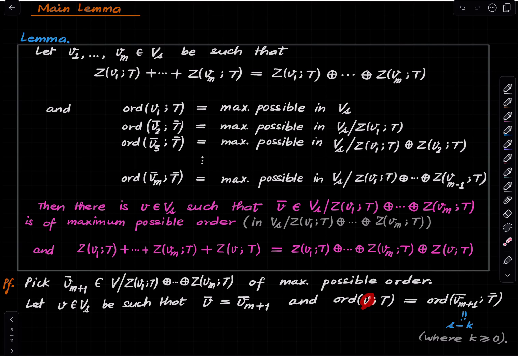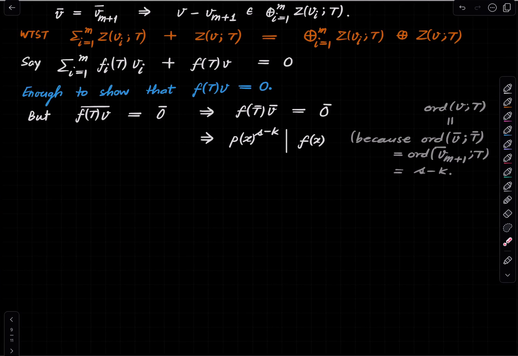So the order of v is same as the order of v bar. v bar is same as vm plus 1 bar, but this equality is the magic thing that was provided by the previous lemma. So the order of v is also same as s minus k. So this implies that f(T)v is also 0, right? Because f(x) is divisible by this guy and order of v is s minus k. So this must be 0, and that's it. That finishes the proof.